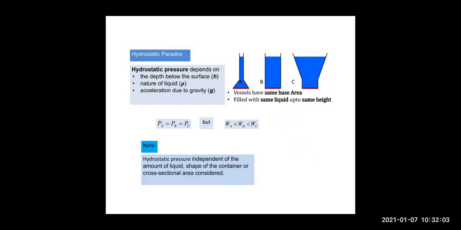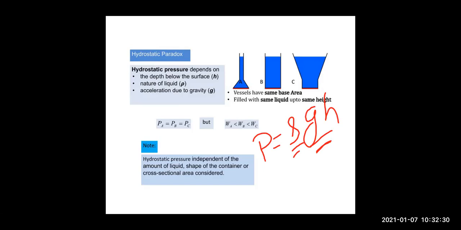Now, as we all know, children, the pressure depends upon rho gh. Rho is the density of the fluid. As the fluid is the same, density will be the same. g, acceleration due to gravity: as all three vessels are on the same planet, at the same place, g will be the same for all three containers, A, B, and C, right?